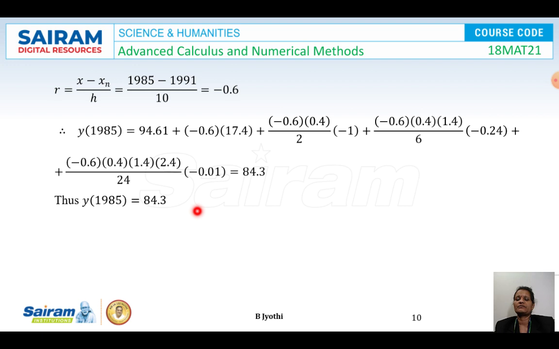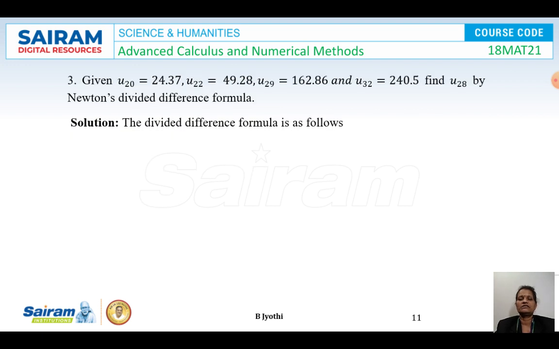Now we have found y of 1985, and y of 1955 also we have found. Now the difference which we take will give the final answer.